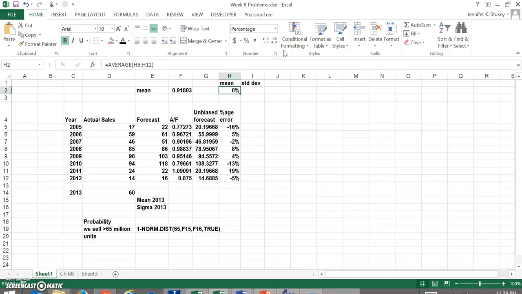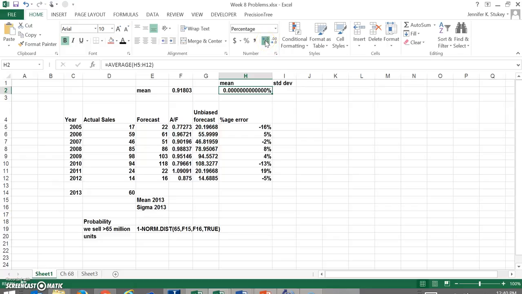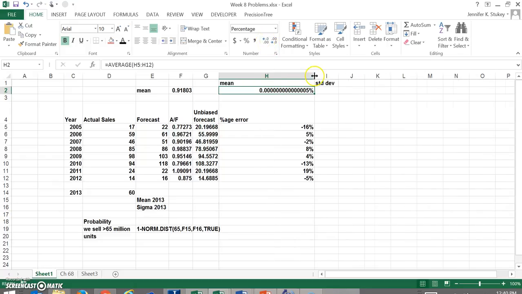Your book actually has it as 5e to the negative 17, which essentially means it's 0. If we extended the decimals far enough, we would start seeing a number, but it would take a while. So it is a number, a really small number, and I'm going to take some of these decimals back away.